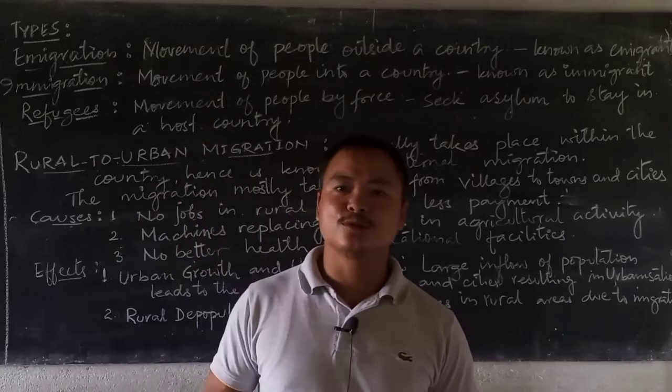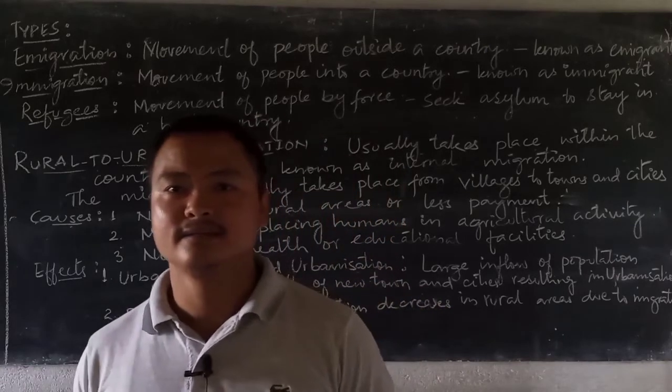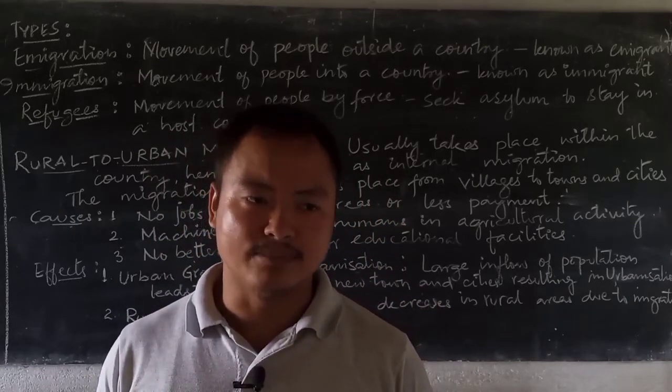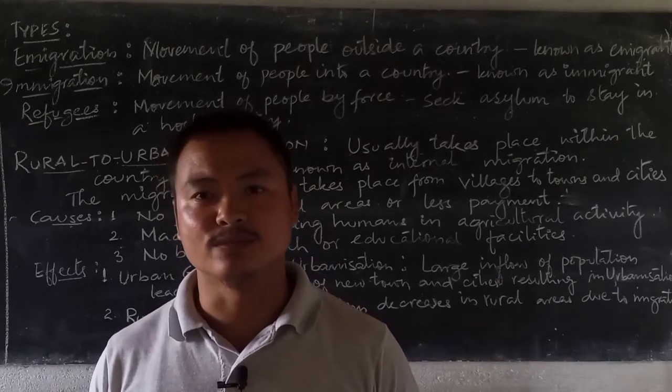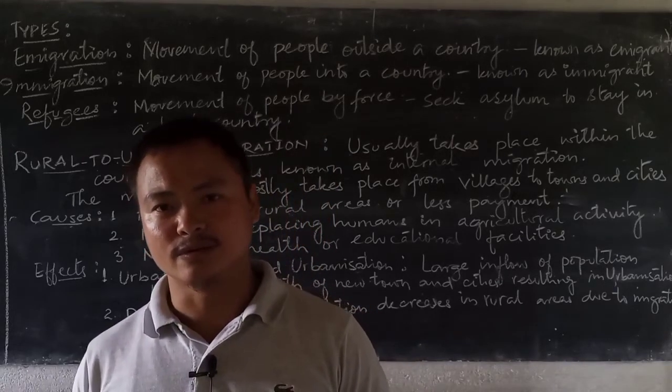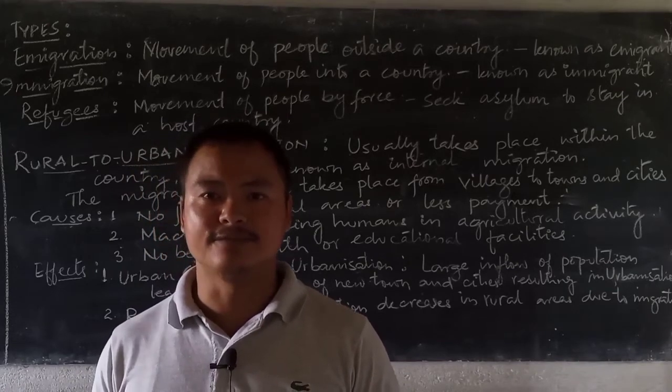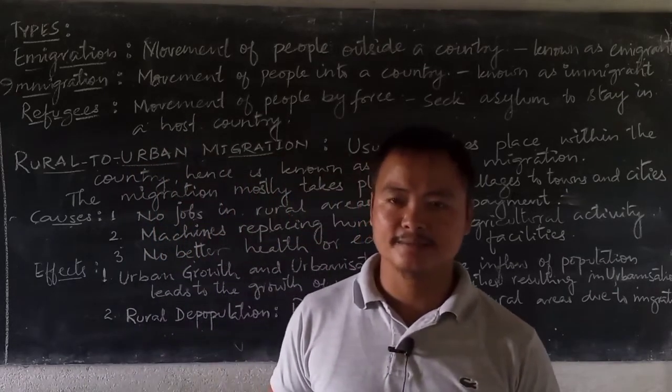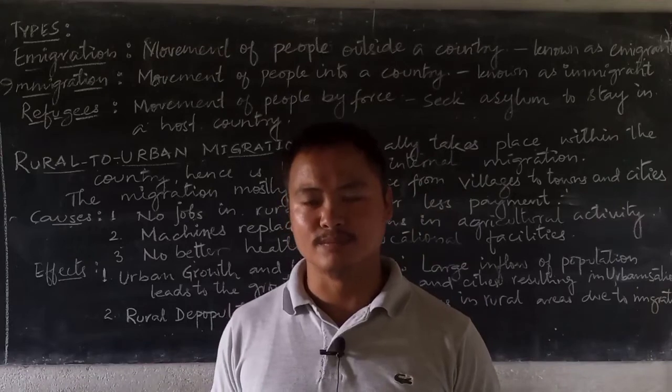So these two age groups are left behind, and most of the economic activities are almost stopped because neither the children nor the old people can work. So this affects the population of rural areas, and this is known as depopulation.